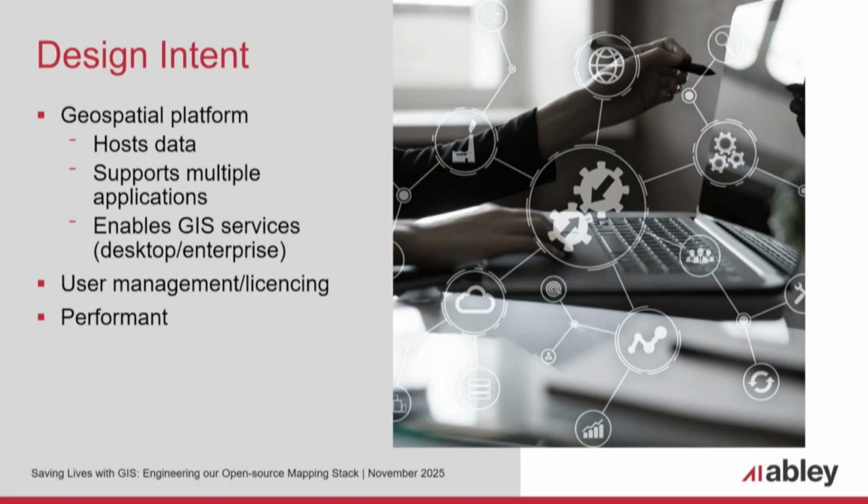The architecture of the stack begins with the design intent. It's a data product, so we need a geospatial platform that will host the data. It will support multiple applications on top of the platform, as well as enabling GIS services. The primary thing we're selling is essentially data, and the applications are almost a bonus.